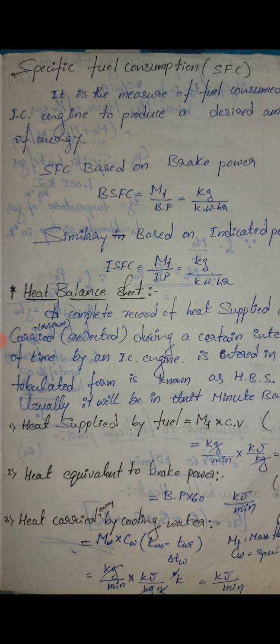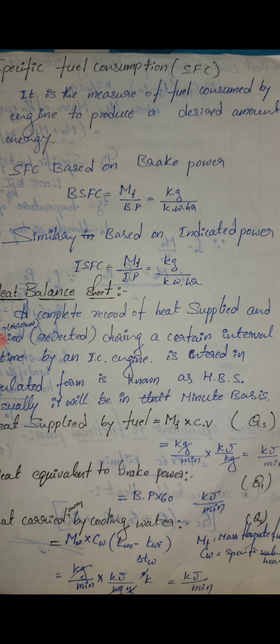So specific fuel consumption based on brake power is called BSFC, the brake specific fuel consumption. It is nothing but mass of the fuel divided by brake power. So you can see here, BSFC is nothing but MF by BP.